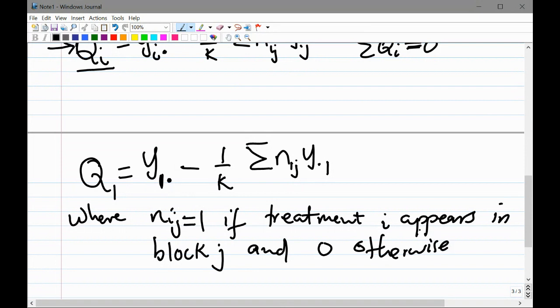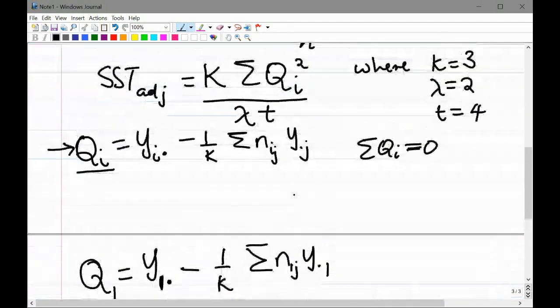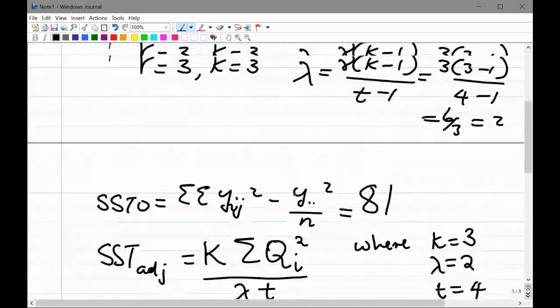Let's understand the statement. We're saying wherever you see Nij, you will multiply that total with 1 if there is a value. Otherwise, you multiply with 0. We're referring to these values, guys. Let me explain now.